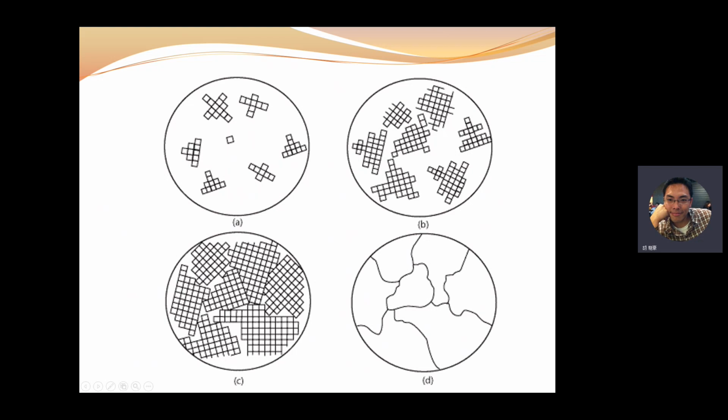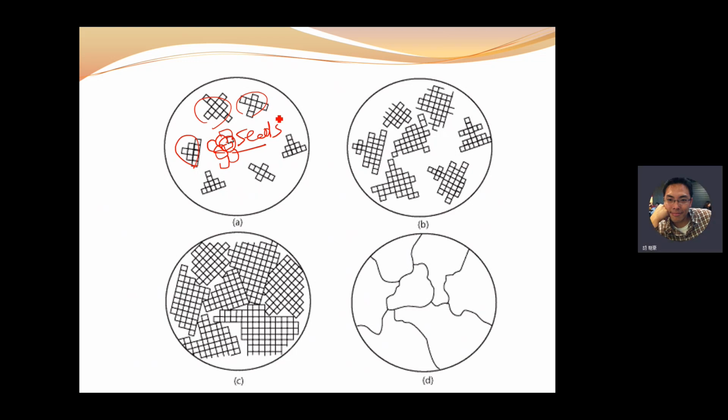Therefore, we can look at this picture. This shows the seed, or we say it's a nucleus. And this nucleus will keep growing, right? It'll keep growing, keep growing, keep growing.